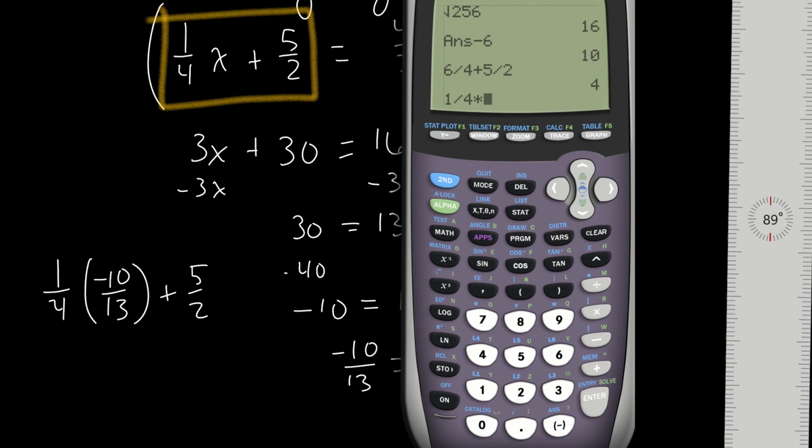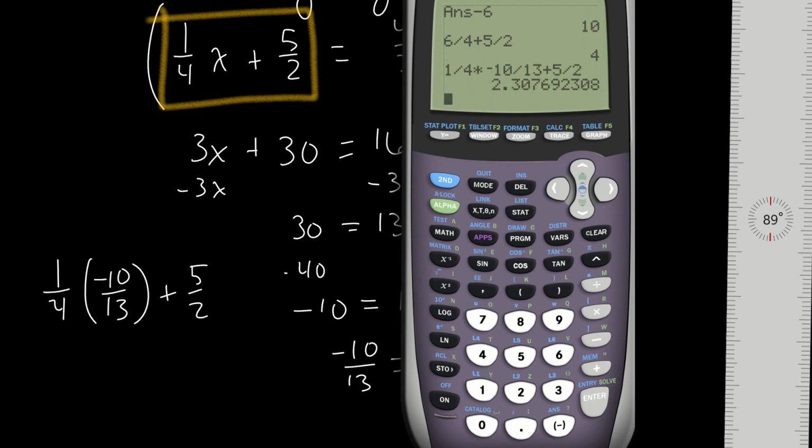So I'm hitting negative 10 divided by 13, and then plus 5 divided by 2. Because I understand how order of operations works, it's doing this multiplication and division from left to right. This is not seen as a subtraction. That's why we need to use this opposite of 10. So this is 1/4 times negative 10/13 and then adding 5/2.